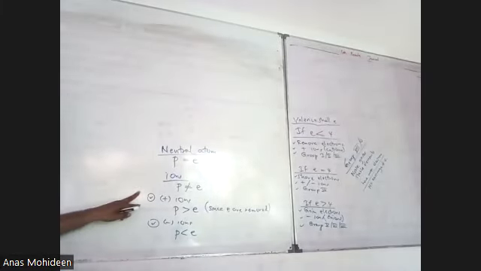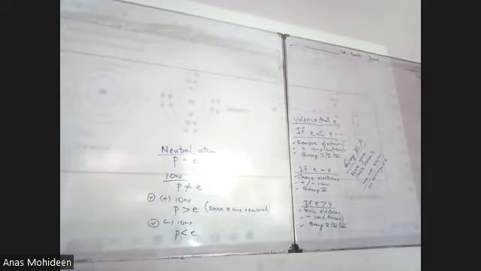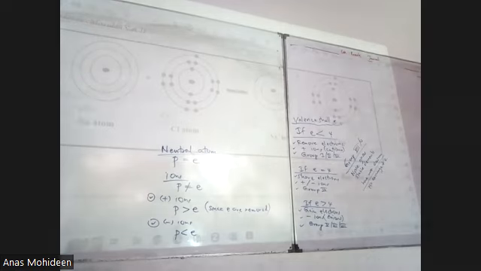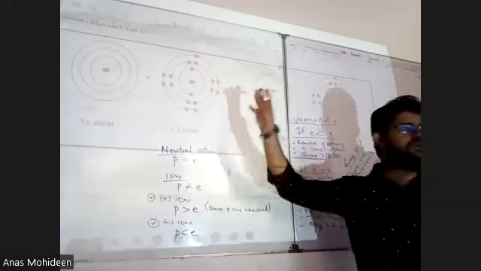If it is a positive ion, protons should be more. If it makes a negative ion, protons should be less. That is how it goes. Please write this down and have a look at the last part of that page.